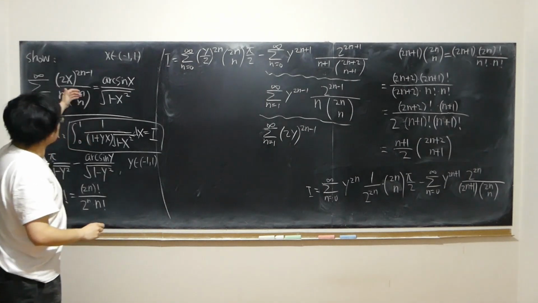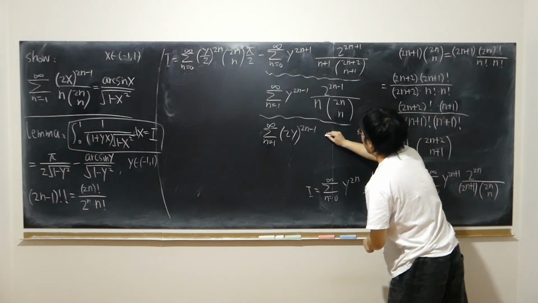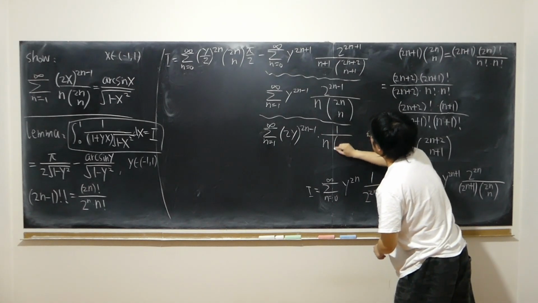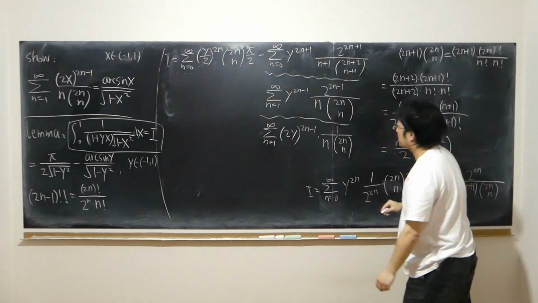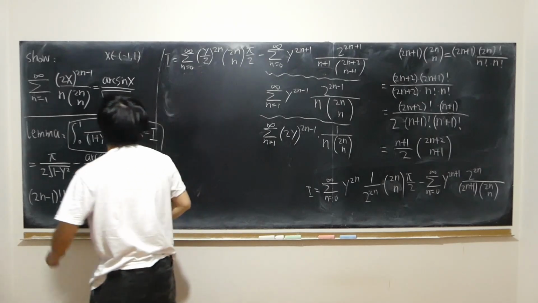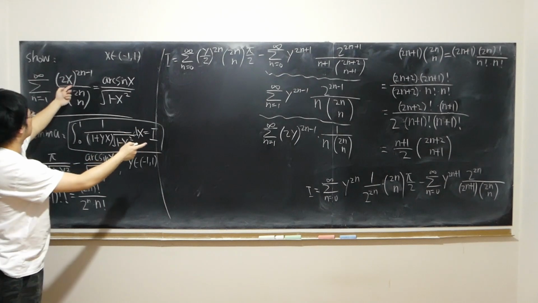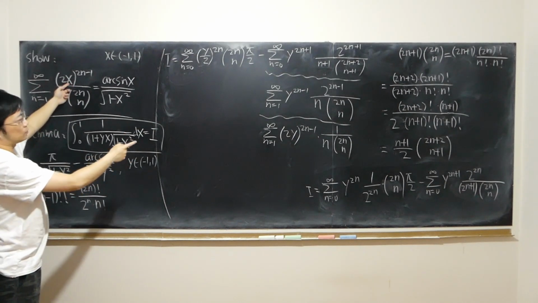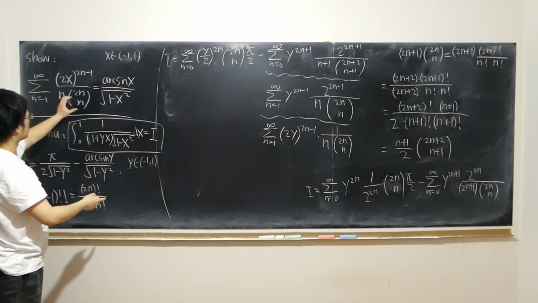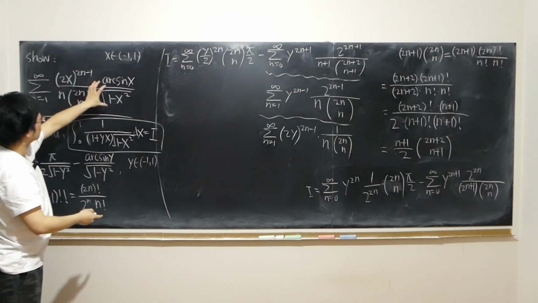Exactly equal to, you just replace y with x. 1 over n times. That's exactly equal. n goes from 1. So y replaced with x. Same thing, 2x, power is the same, 2n minus 1. The bottom I have n times 2n over 2, 2n choose n. Is it equal to this side?